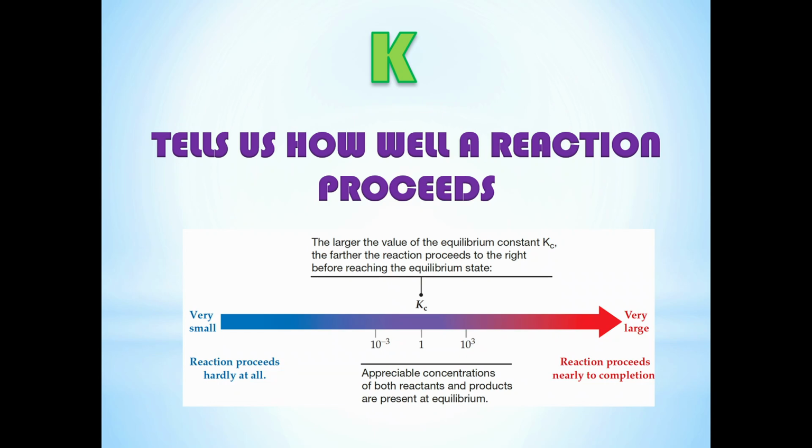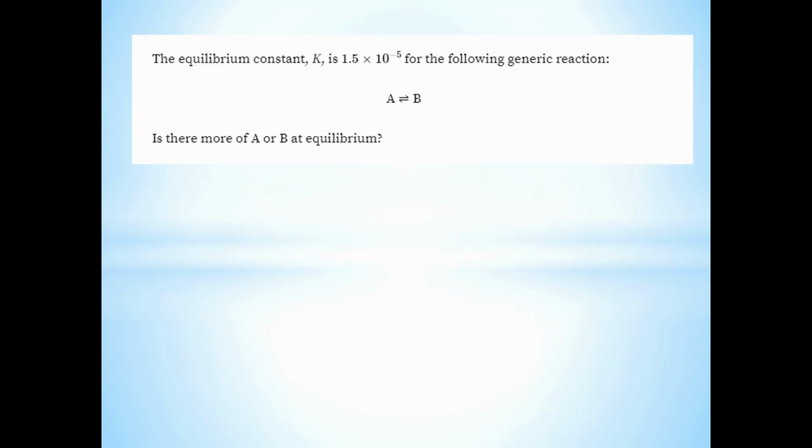Not how fast it goes, but how good that reaction is. So very small, the reaction proceeds hardly at all. Very large, it goes to nearly completion. And there's our 10 to the minus 3 to 10 to the positive 3, where we get both products and reactants at equilibrium.